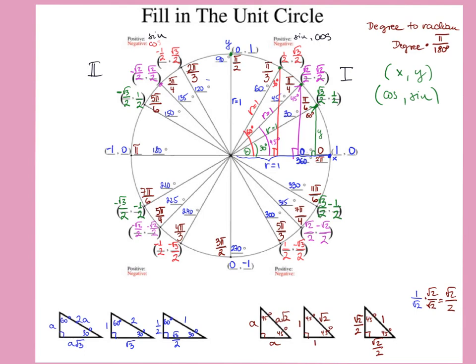In quadrant number 3, which is going to be right over here, we can see that sine and cosine are negative. And in quadrant number 4, which is our last quadrant, we can see that sine is negative, but cosine is positive.